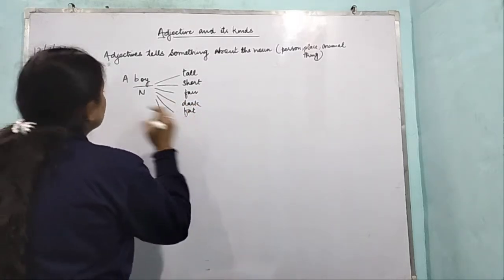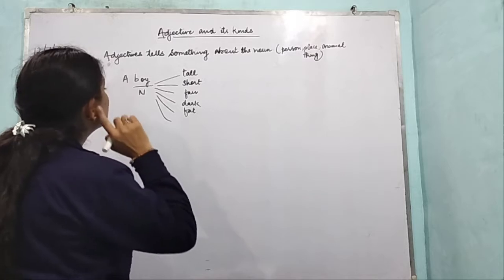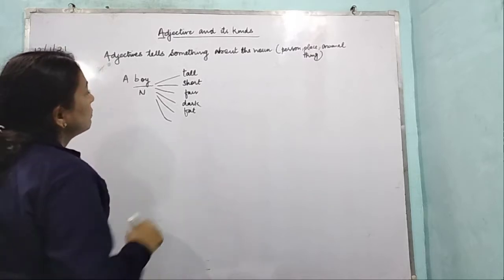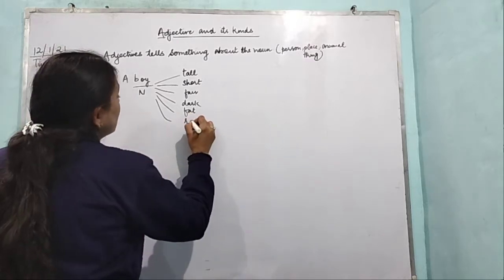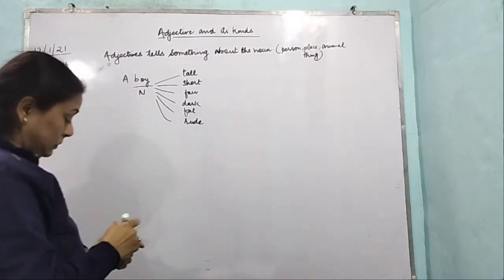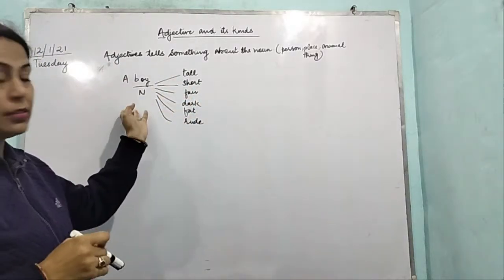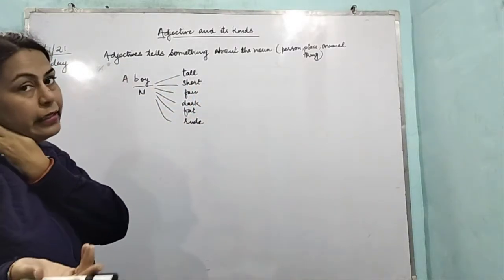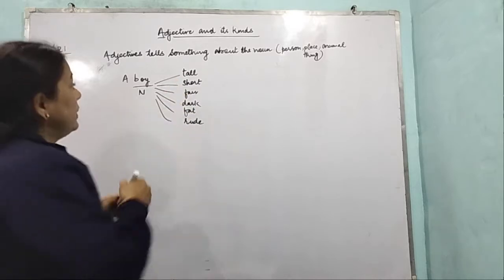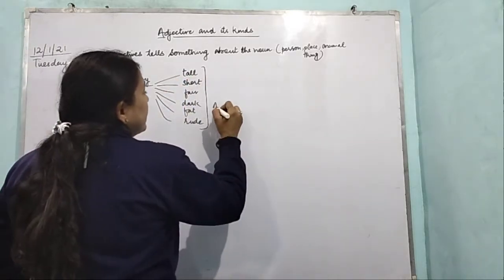He can be rude, anything which is expressing this noun. So it can be anything. All these words are called adjectives.